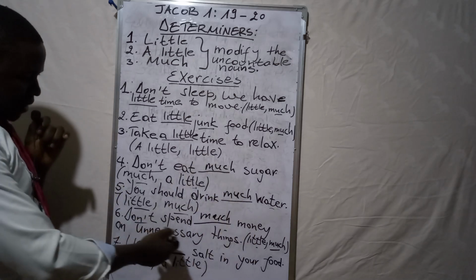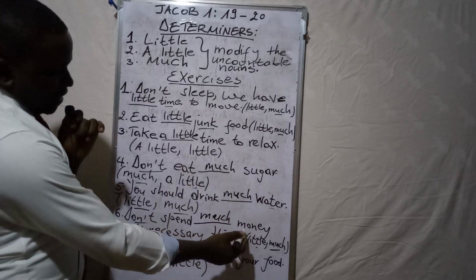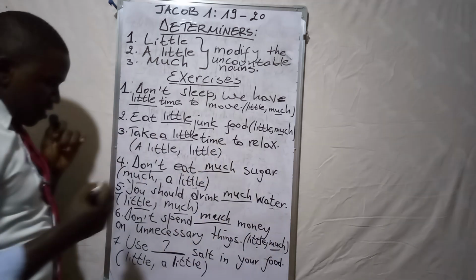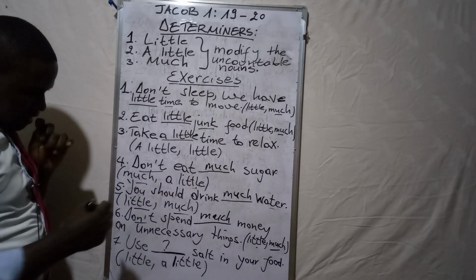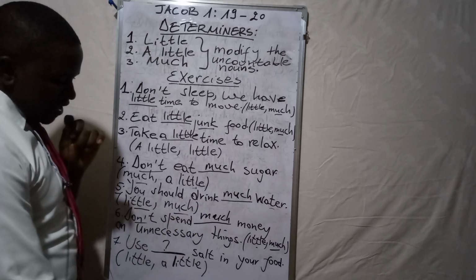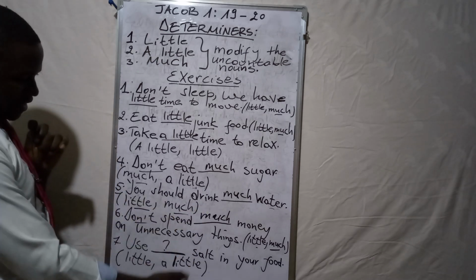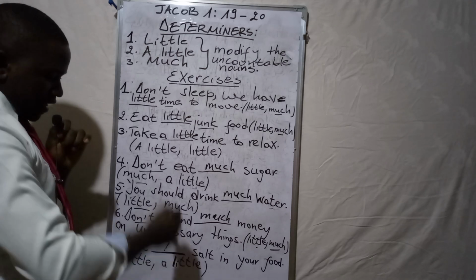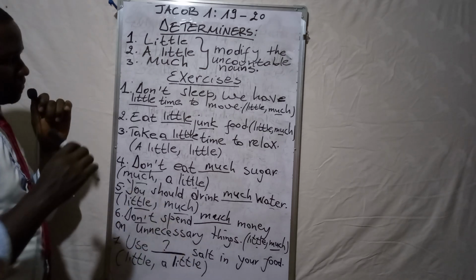So don't spend much money. This money is also an uncountable noun. And here we have sauce: is it a countable noun? Is it an uncountable noun? You will choose one to fill in this blank space.